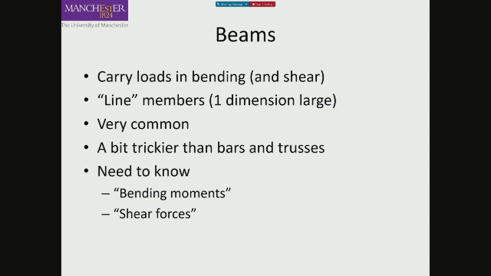It is a bit trickier to analyze these than bars and trusses, but we need to know these two quantities. You probably haven't heard them before in this context. Of course, you know what bending moment is, but in this context, bending moments mean the internal forces in the beam, and the shear forces.